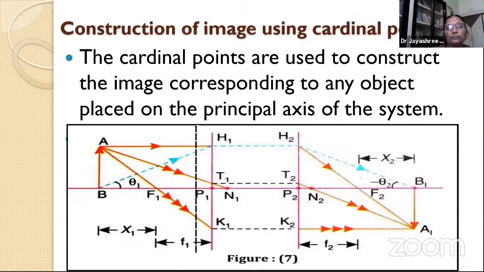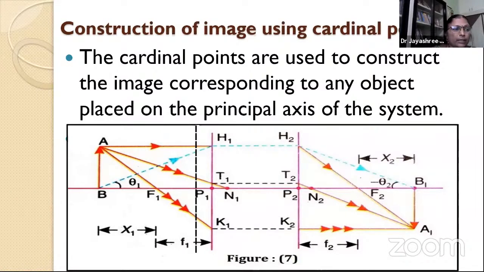Now, whenever we have to find any image constructed with the help of the cardinal points, these are the features of that image. We consider the settings of the cardinal points with respect to the construction of the image corresponding to a certain object placed on the principal axis of the system.